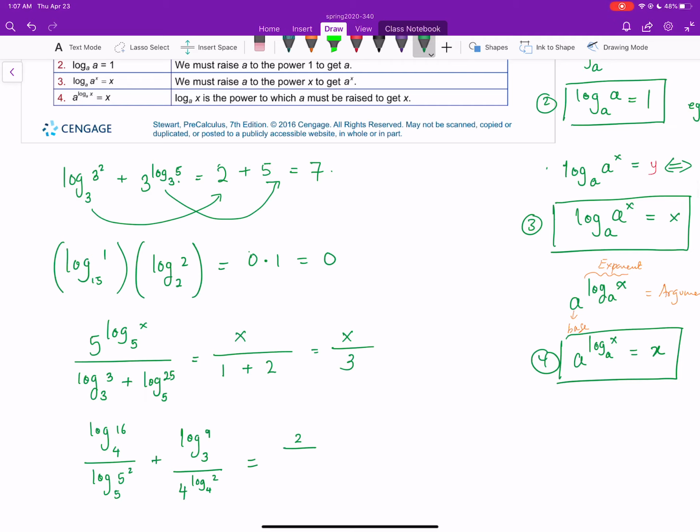That's just 2. Plus. Now if I look at the next one, 3 raised to what power should give me 9? That's also 2. And then if I look at the denominator, I have a base of 4 raised to log base 4 of 2. That's the same as property number 4. That should return me back to 2. So really this was 1 plus 1 equal to 2. That's just a cheeky way of writing 1 plus 1.